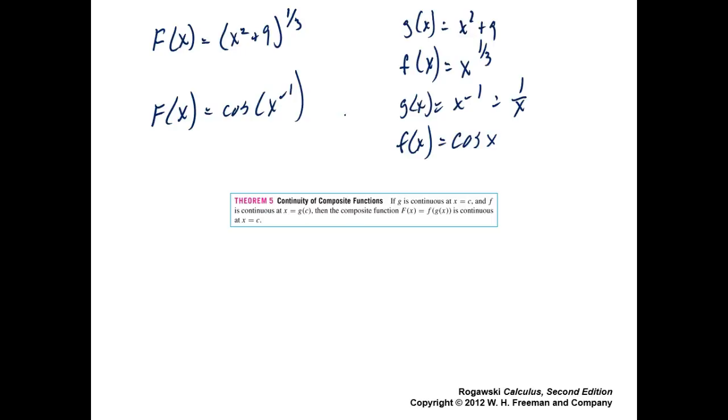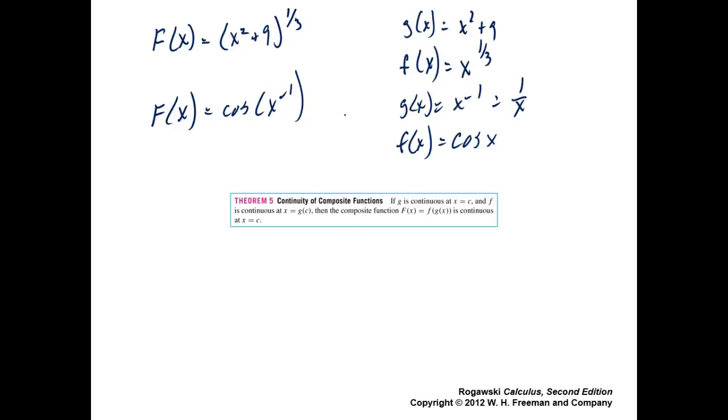So if g is continuous at 17, at minus 4/3, at pi over 3, it's everywhere except at 0. So if it's continuous at x equals c, any value not 0, and f is continuous everywhere, little f, then the composite function, capital F of x, is continuous at that c, as long as the c is not 0. So that's all it's saying.